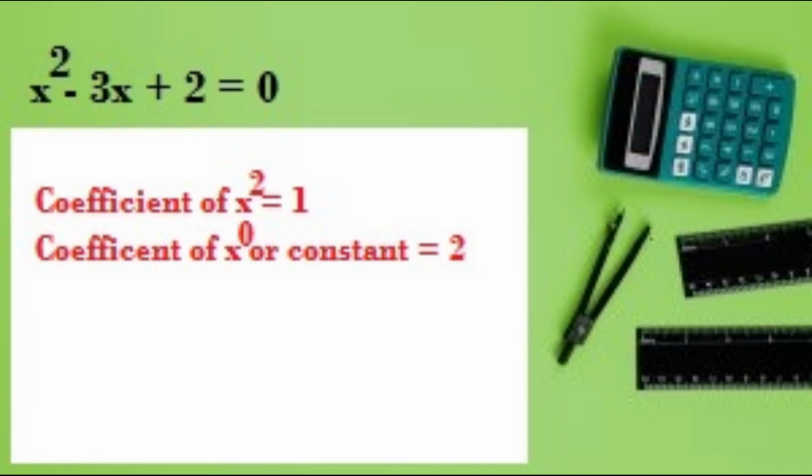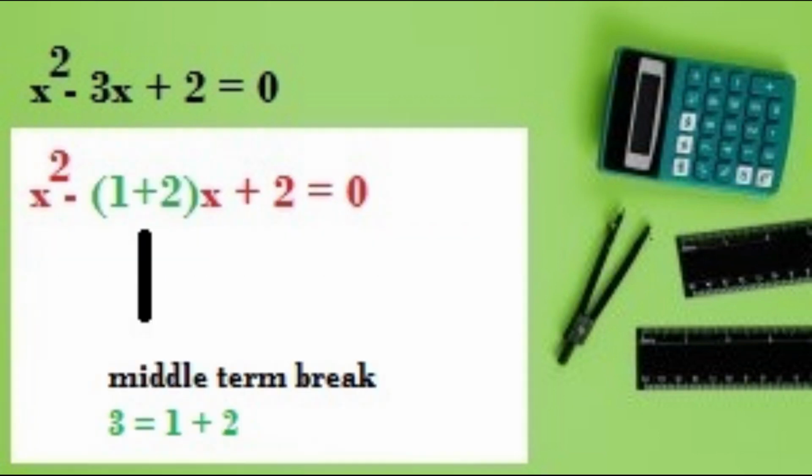So by operating these two things, by adding these two things, you have to make the middle term. The middle term is 3, the coefficient of x. So by adding this 1 and 2, you made the middle term 3. This method is called middle term break.